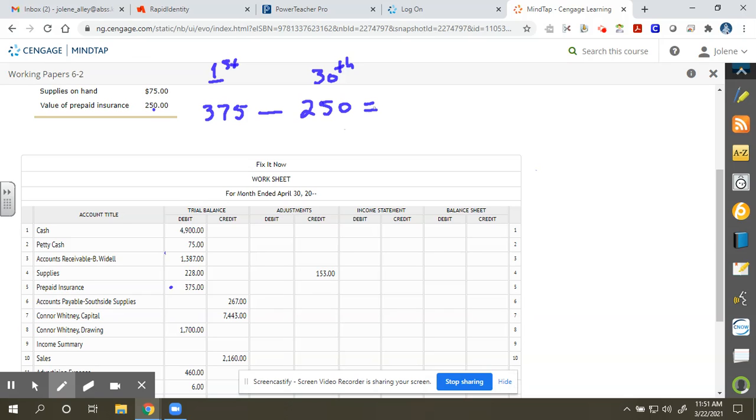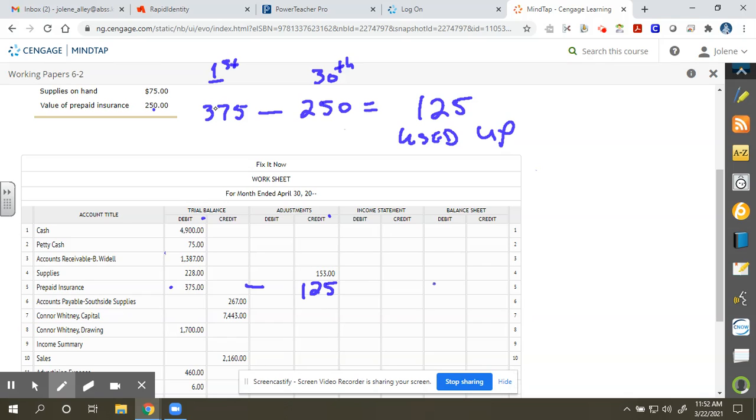So now we have to do our math again. 375 minus 250, and it comes up to 125. This was what was used up in April. So I'm also going to go to credit again and put the 125. This is a debit. This is a credit. So we subtract them, but there's still more left in the debit.